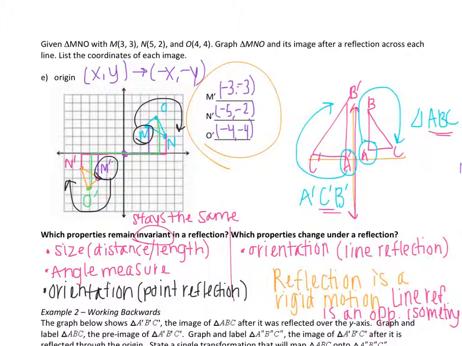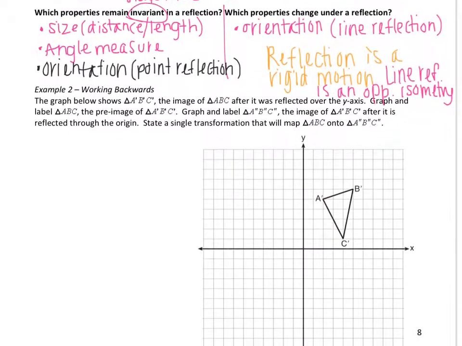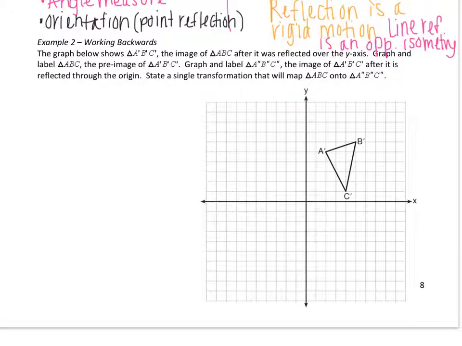If we look down here at example 2 where we're asked to work backwards, it tells us that the graph shows triangle A prime, B prime, C prime, the image of ABC after it was reflected in the y-axis. Graph and label triangle ABC. So I have to reflect it back over the y-axis in order to get the original picture.